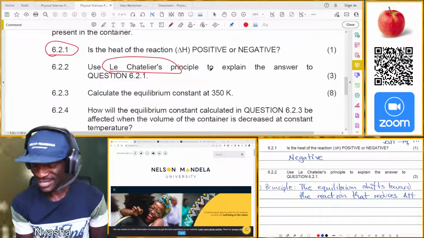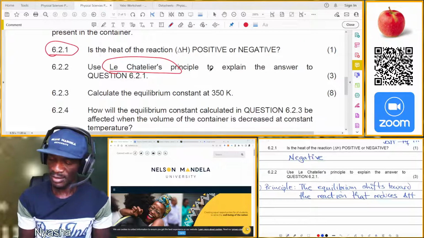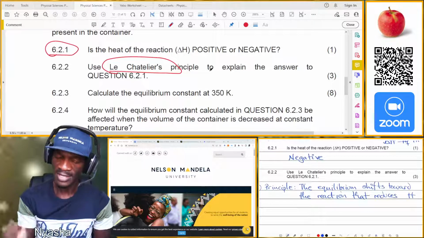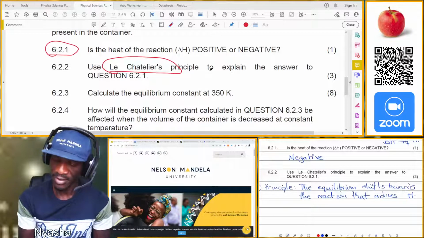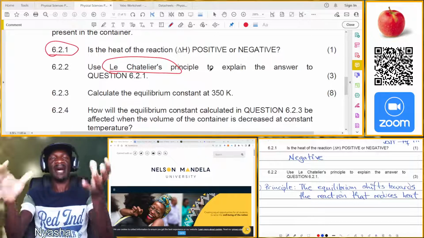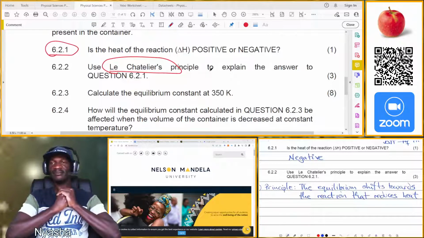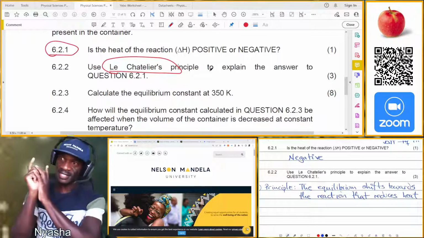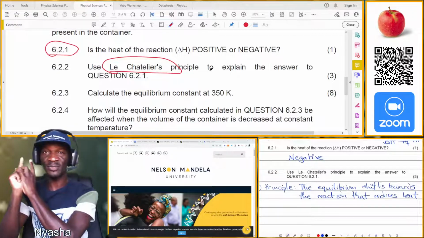So in other words, the equilibrium must shift towards a chemical reaction that reduces the heat of the system, or that absorbs heat. Why? Because temperature has been increased to 350.